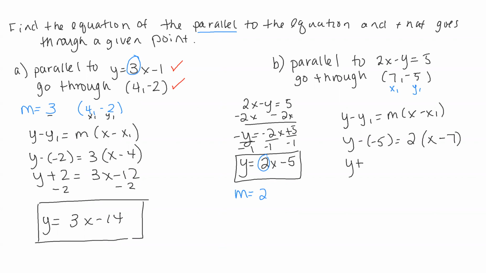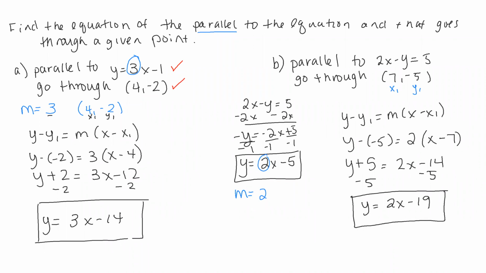I get y plus 5 equals 2x minus 14. And then I'm okay with this being in slope-intercept form, so I'm going to subtract 5 from both sides. And I get y equals 2x minus 19. So this final answer right here is the equation of the line that is parallel to 2x minus y equals 5, but it also goes through the point (7, -5).